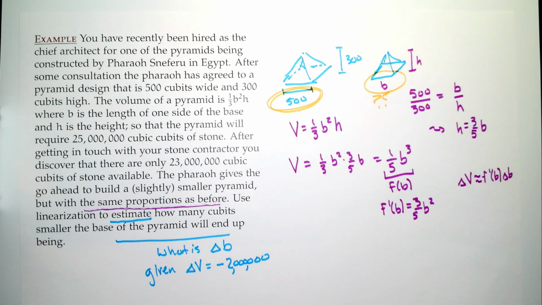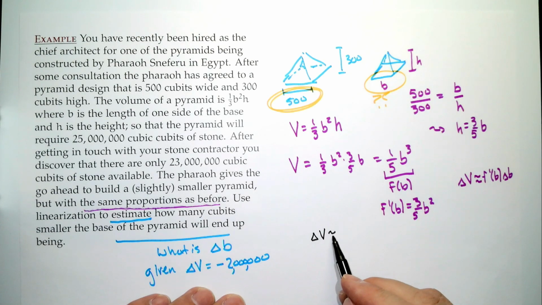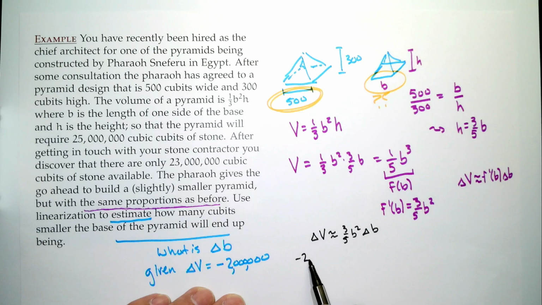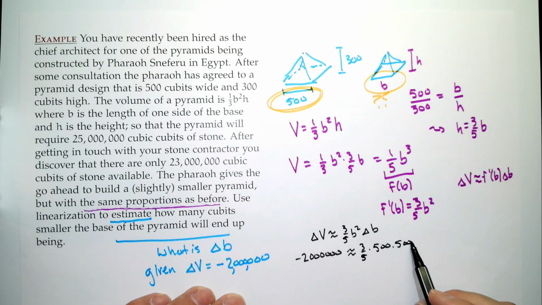So here we go. Delta V, let's write down the whole thing. Delta V is approximately 3/5 b squared delta b. So negative 2 million is approximately 3/5 times b squared, which is 500, times another 500, times delta b.